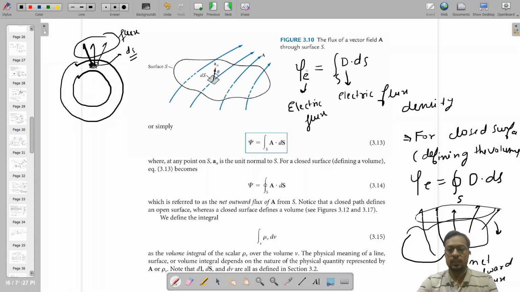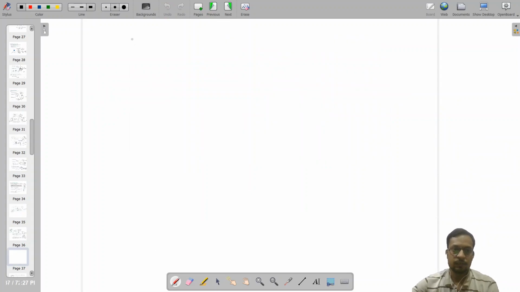So for a given vector A, the integral of A dot ds is called net outward flux, and in the previous case the line integral was for a closed path. Both cases are for closed. So we summarize it for line and surface integral.